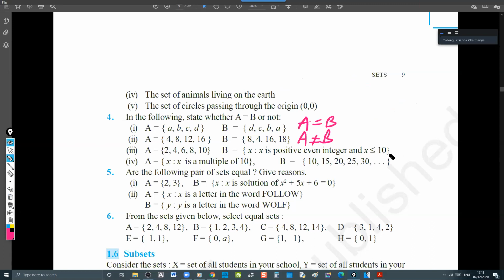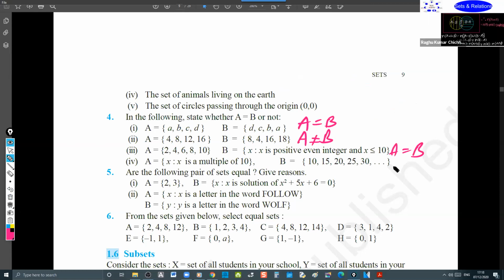And in the fourth one, they are equal. Let's think. See again, fourth one. No, sir. It is not equal.